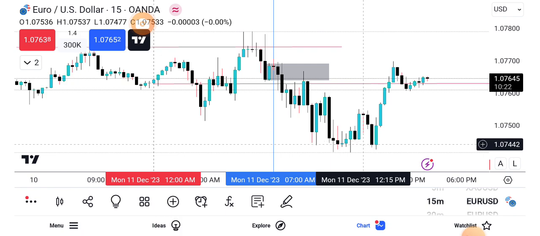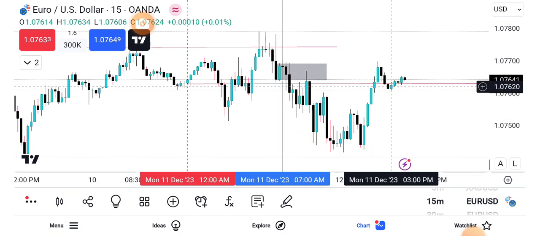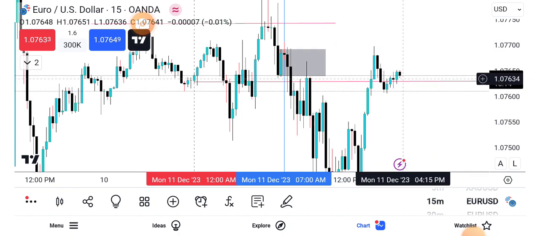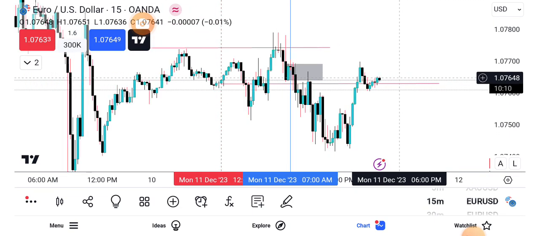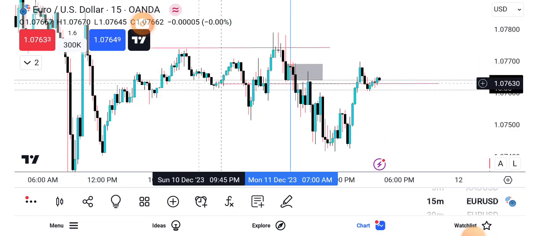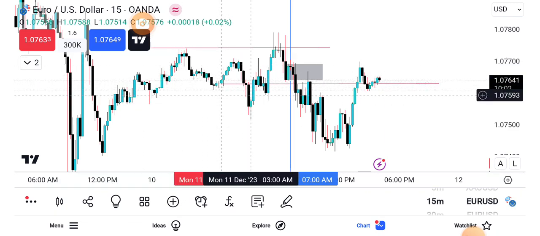Then we have this consolidation, then retracement higher, then we have this consolidation around this zone. So as you can see, we have an accumulation. I'll also be talking about the power of 3.